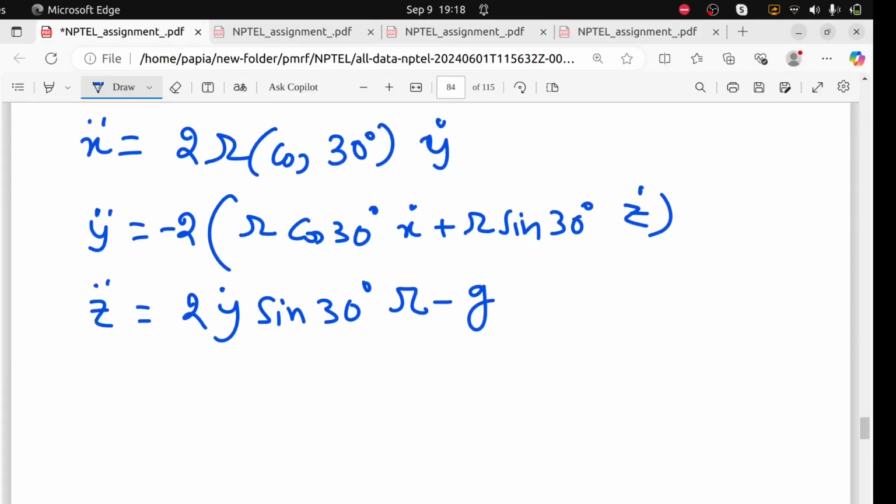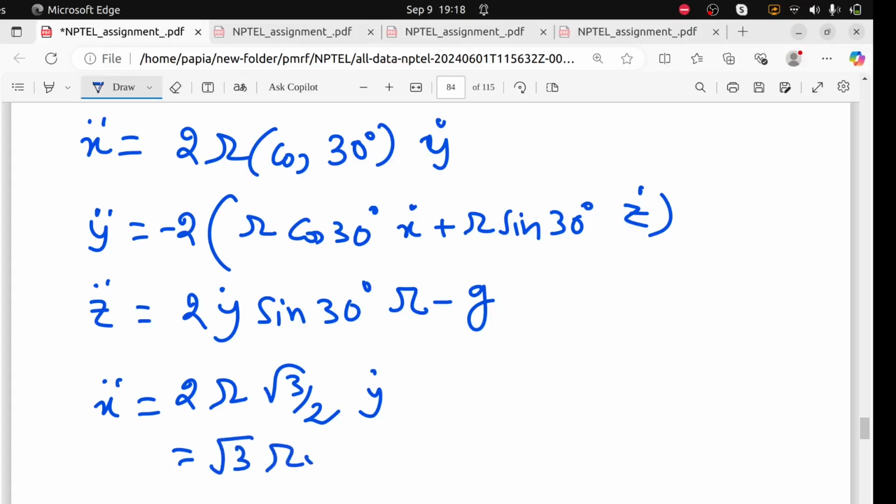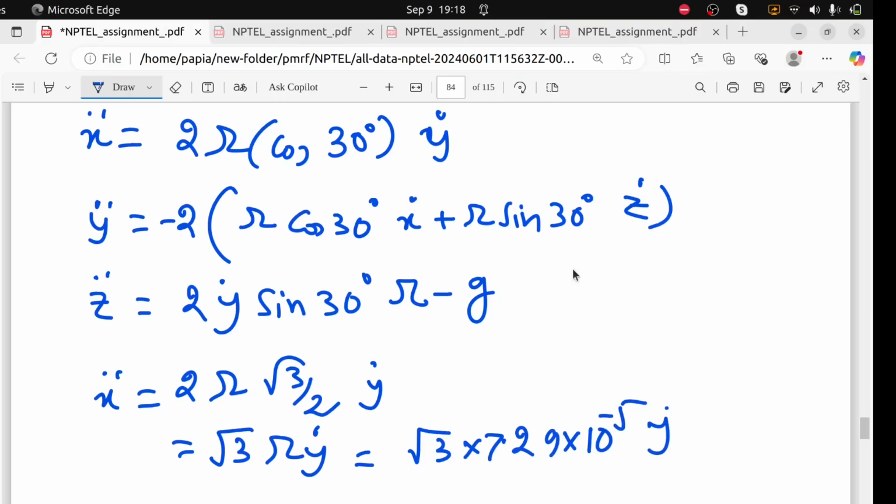So if I do these things, then x double dot will be 2 omega root 3 by 2 y dot, root 3 omega y dot, root 3 into 7.29 into 10 to the power minus 5 y dot.